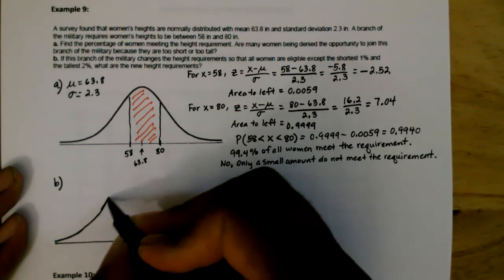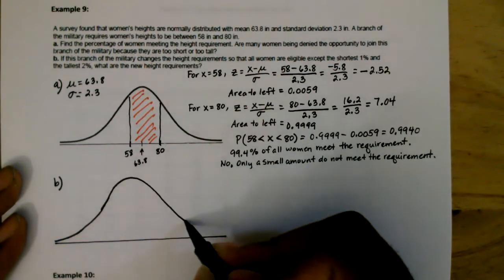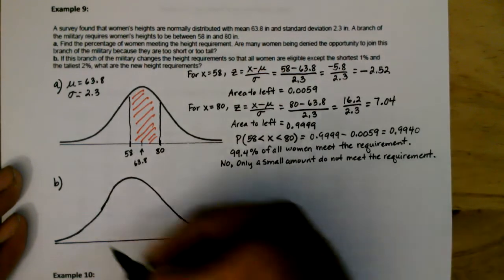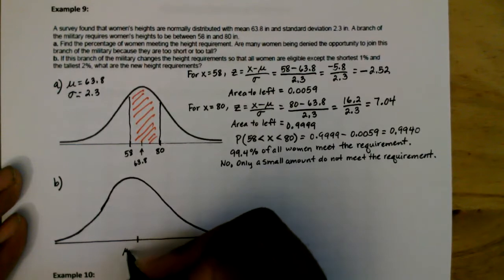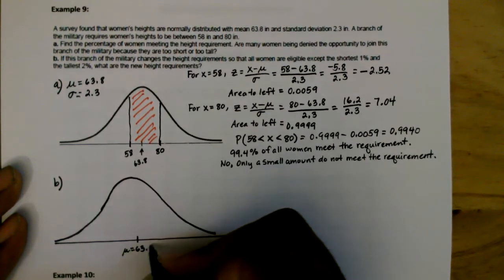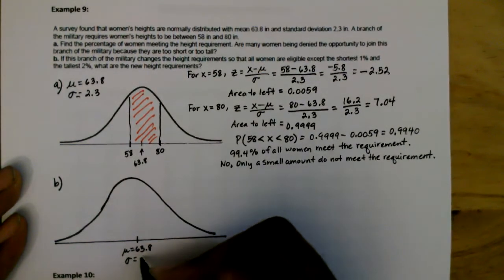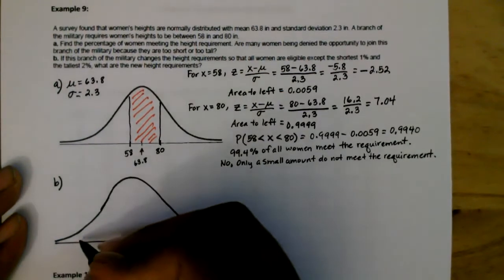Here the mean and the standard deviation are going to be the same as part A. The mean, of course, is 63.8, and the standard deviation is 2.1.